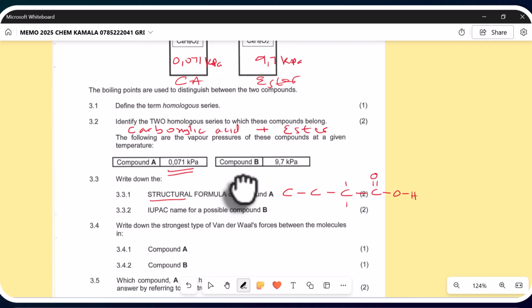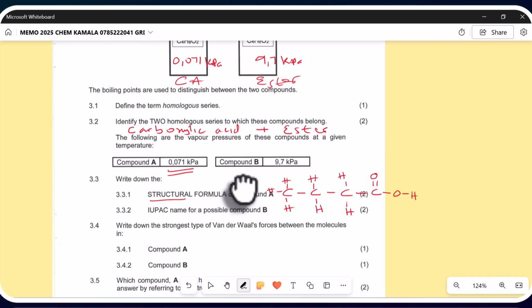Or if it has 3 carbon atoms for the alcohol, it could be propyl methanoate, or it could be methyl propanoate.